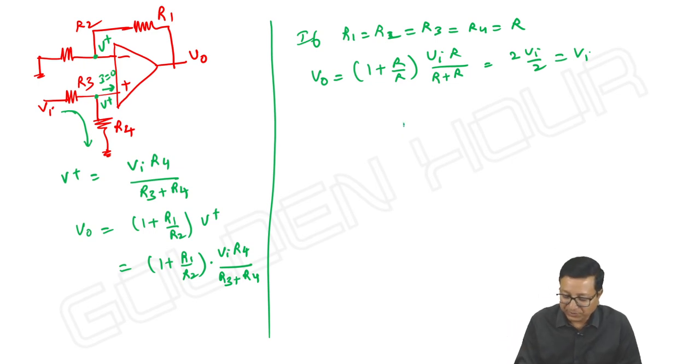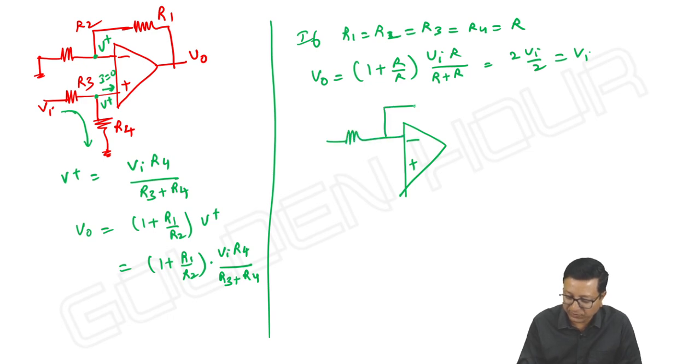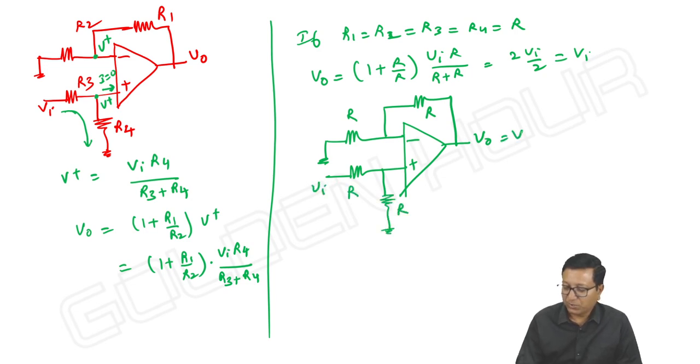Okay. So if I draw a circuit like this with all equal resistors, then output is equal to input. Above circuit behaves like a gain is equal to 1.